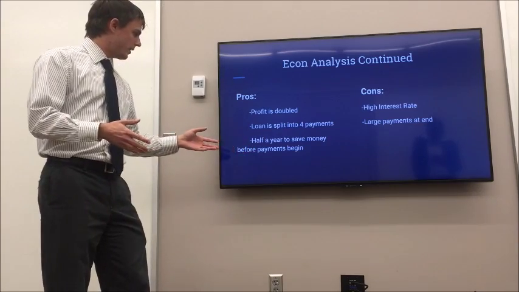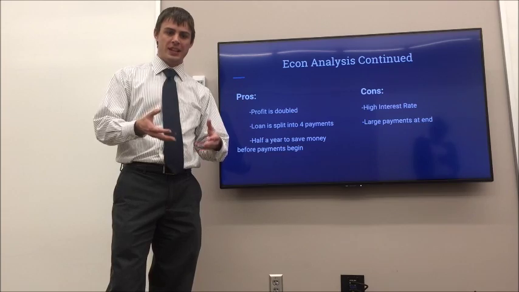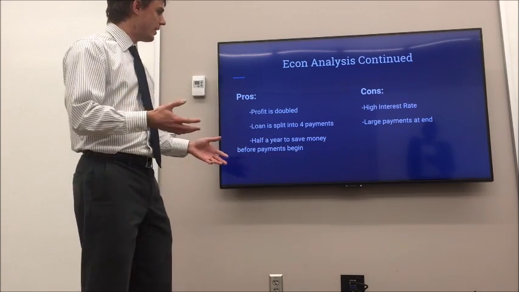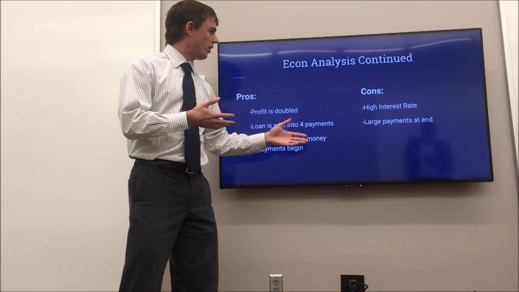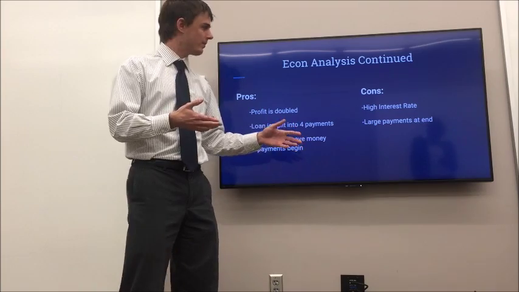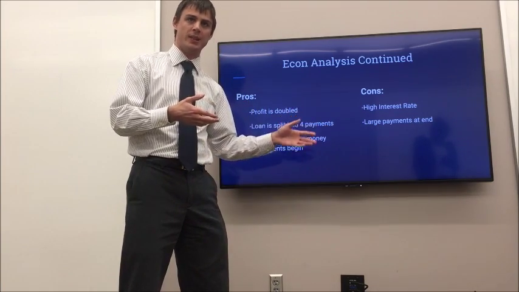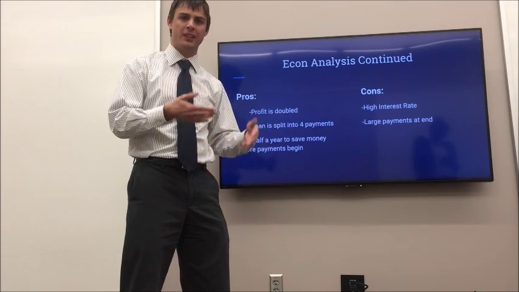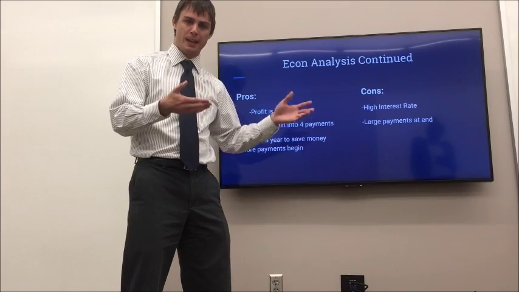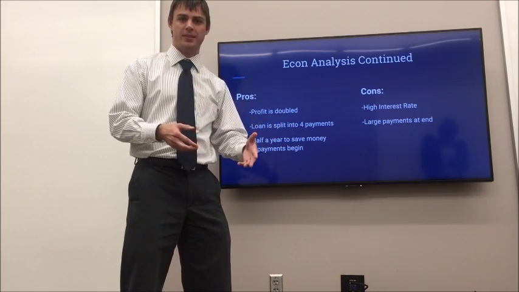Also, there's about half a year, or 2 quarters, which allows us to gain more money to begin repayments. However, on our cons, we also have a very high interest rate of about 15%. Also, we have to pay a very large overall payment, which turns out to be about $20,939, which is a lot more than what VTEPs pays us. However, this could also be a benefit to VTEPs.